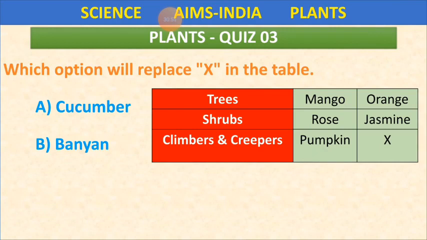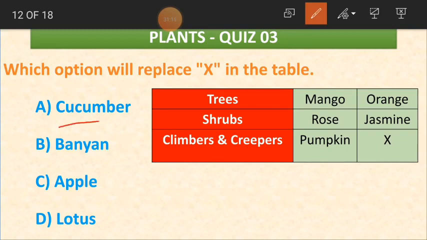Shrubs, rose and jasmine. Now climbers and creepers, pumpkin, and this we have to name. You have to give me the answer for this. Whether it is cucumber, banyan, apple or lotus. Which plant from these options comes under climbers or creepers?